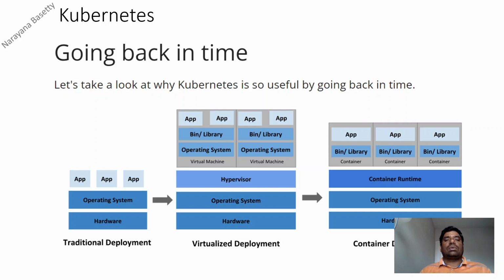You cannot control the resource consumption of all these applications, because some applications may be consuming high CPU, RAM and processors, and some applications do not. So basically, you cannot control the resources. That is the bottleneck with respect to the traditional era of application development.